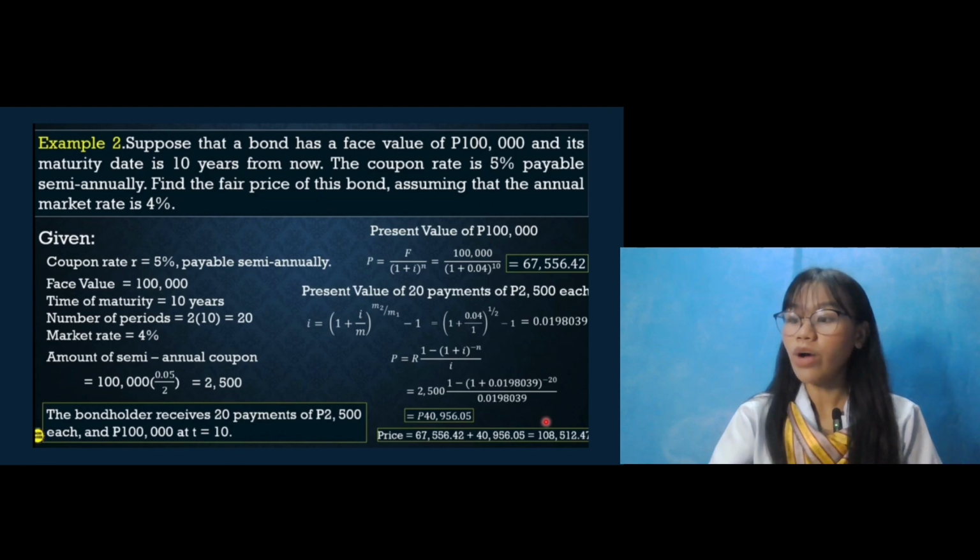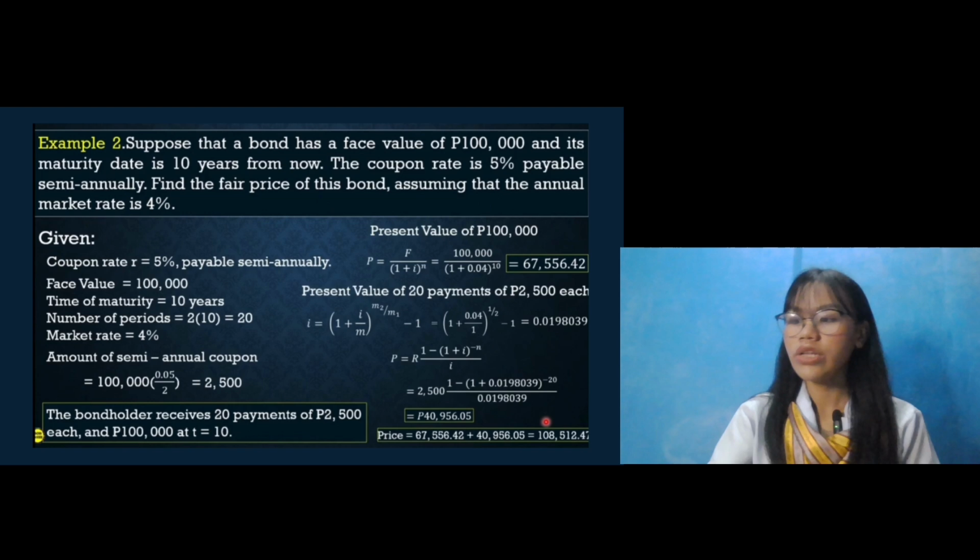So here we can substitute. So R times 1 minus 1 plus I, and then raised to negative n all over I. So our R here would be the 2.5, since this is our regular payment.